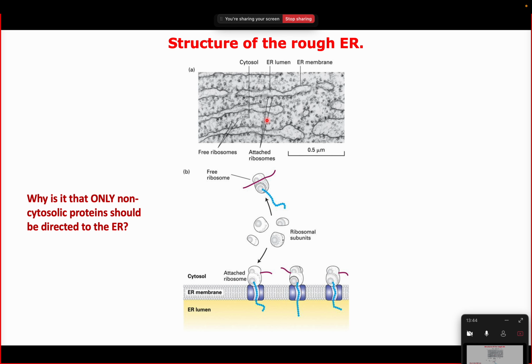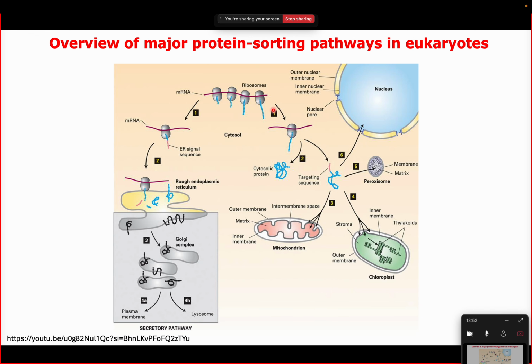But the question is, why should only non-cytosolic proteins be directed to the ER? Because if you look at the compartmentalization of functions within the cell, the initiation of translation occurs in the cytosol at the end of the day, correct? Then why is some of the translating machinery sent to the ER while the rest is not?